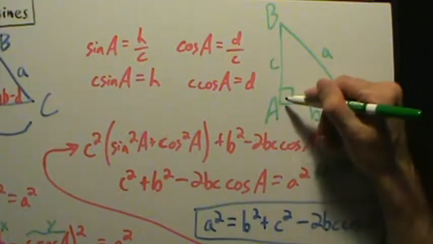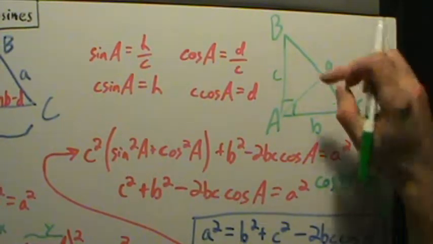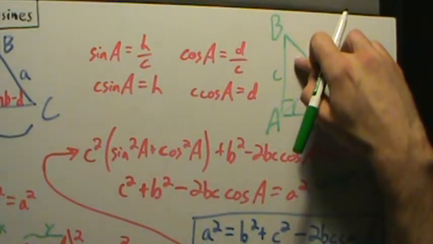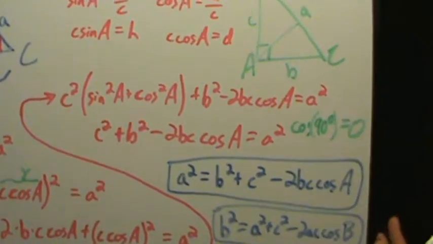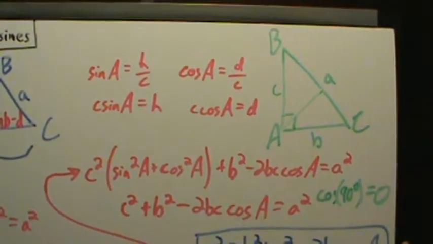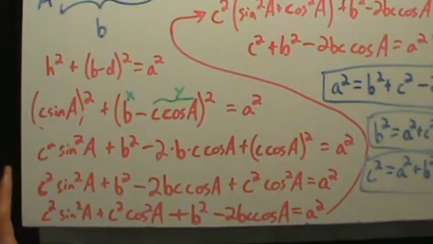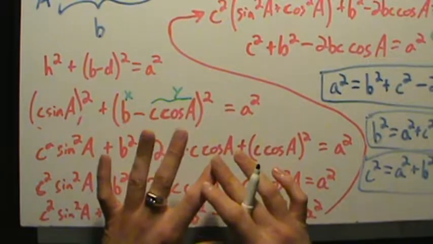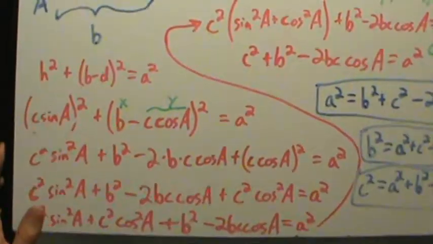Just drop the perpendicular from A to the other side here, and then call one side D, call the other one A minus D, and then actually to do the other formula, you would just call this one D and then call the other one A minus D. Okay, but anyway, the point is, it's just a lot of doing the same exact thing over and over again, which is why we're not going through all the steps, because it literally is exactly the same thing over and over again, this exact process.